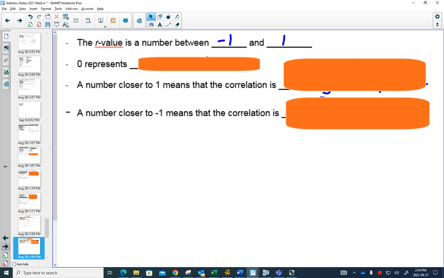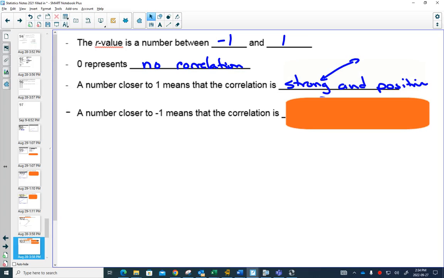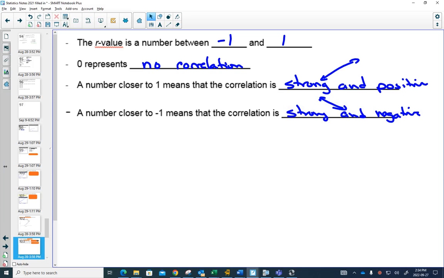So, -1 and 1 is what it could be between. 0 would be no correlation whatsoever. A number close to 1 is strong and positive, and a number close to -1 is strong and negative.